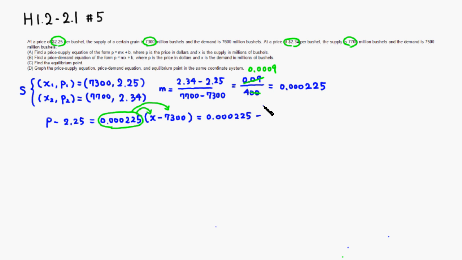I'm going to have to do it on the side. So we have 7,300, and we have to multiply by 0.000225. Ignoring the decimal point for now, we multiply these together: 5 times 0 is 0, 0, 0, and 3 times 5 is 15, and 5 times 7 is 35, so it's 36 here.